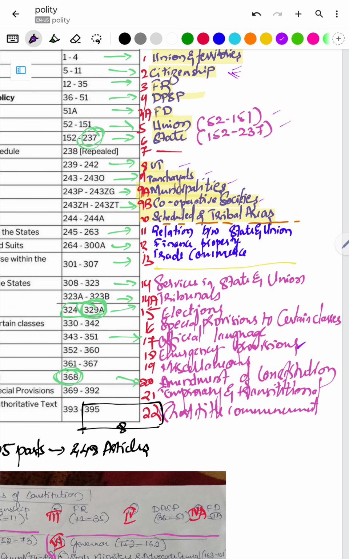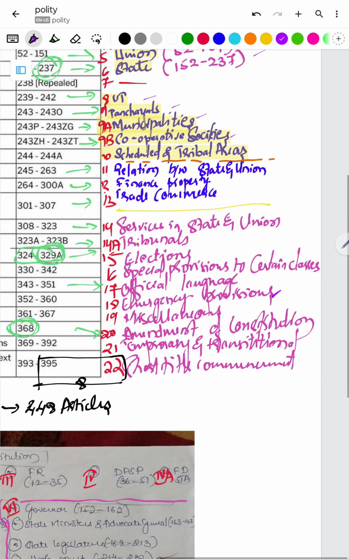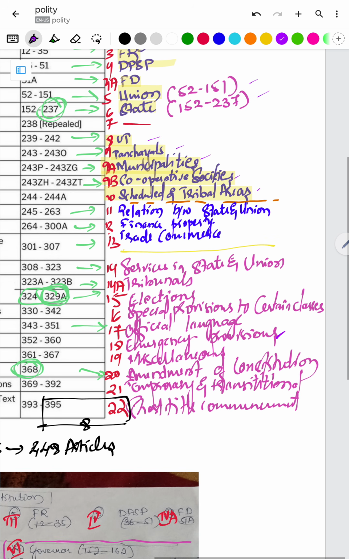Next coming on to 10th is about scheduled tribes and scheduled areas. Next 11th is on relation between. Okay. Now these things are over. Scheduled tribes and scheduled areas is last where we stop it. Okay. And then we come into the 11th, state and union, their relations, finance and property, trade. 11th one you remember and neglect those.